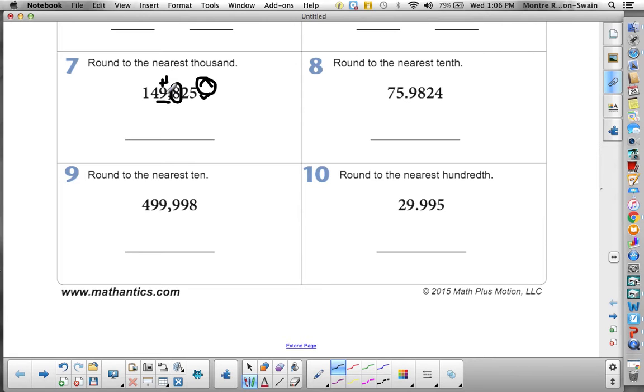And 1 plus 9, that's 10. So that means I need to carry this 1 over to that 4. Since I carry the 1 over, the 4 becomes a 5, and the 1 stays the same. The 8, the 2, the 5 all become zeros.